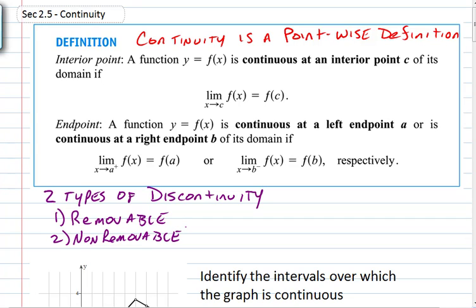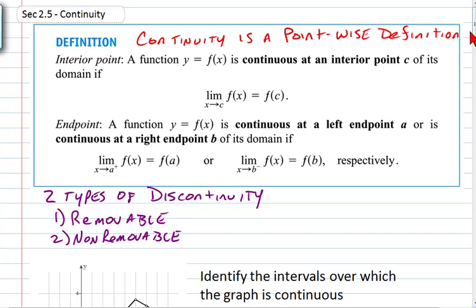A removable discontinuity is a point at which you could make the function continuous just by filling in a hole. A non-removable discontinuity is where you have a jump, where the left-hand limit is not equal to the right-hand limit, and you have a gap that can't be bridged just by plugging a finger into a hole.